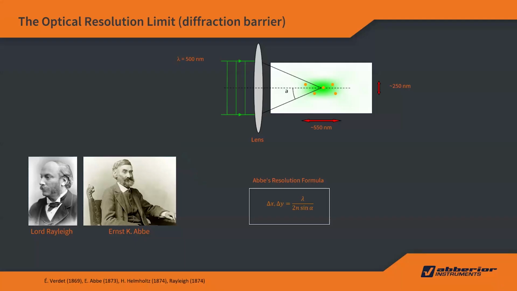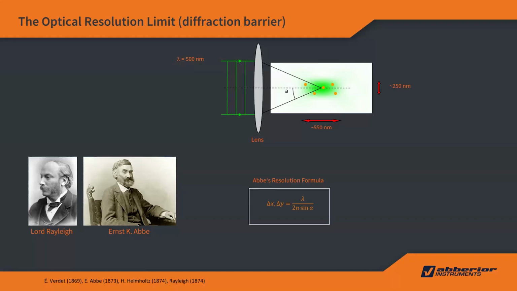Now, I would like to talk about the basics and principles of the diffraction barrier and the STED principle. So we know 100 years ago from Rayleigh, from Abbe, already the optical microscopy has a diffraction barrier. It is related to the wavelength and the numerical aperture of the lens. So the refractive index and the angular aperture of the lens.